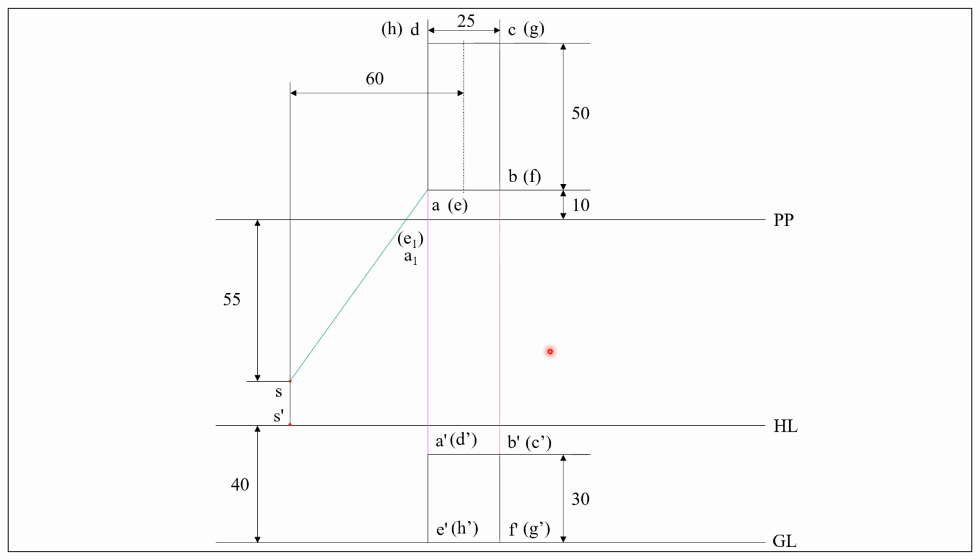Similarly, join S and B. So the visual ray from point S towards B pierces the picture plane at point B1, F1.